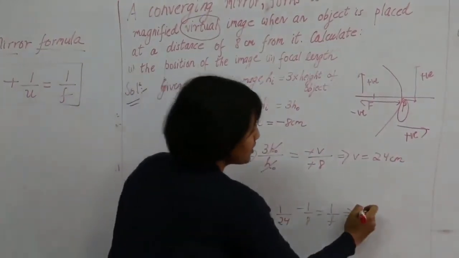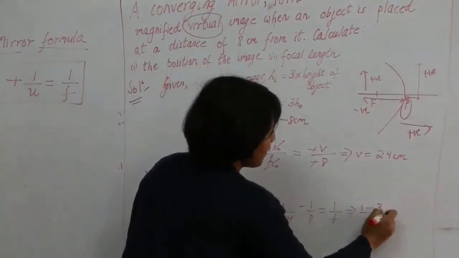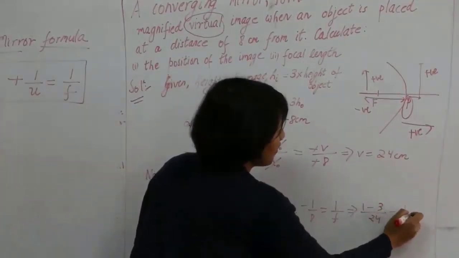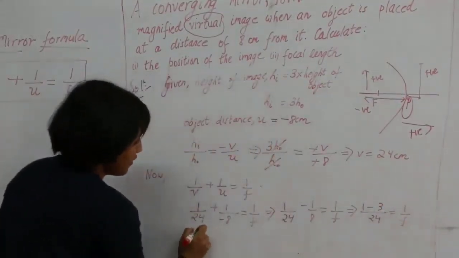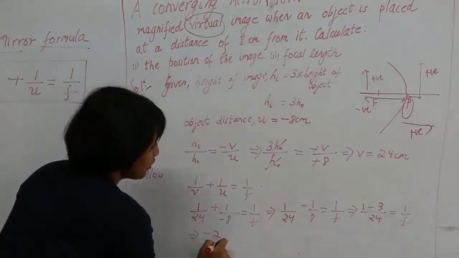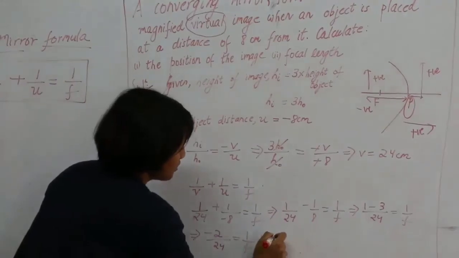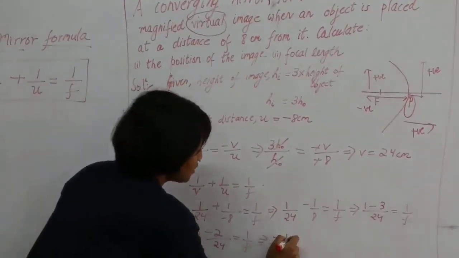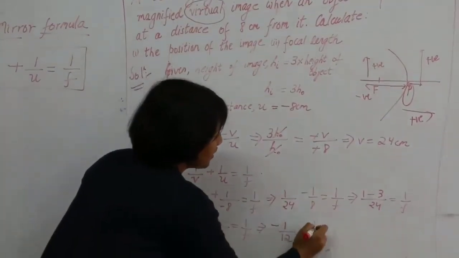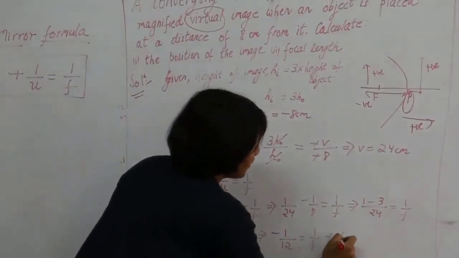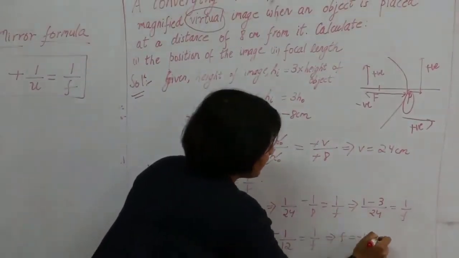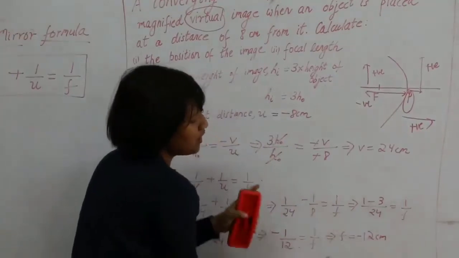After taking LCM, you will get minus 2 by 24 equals 1 by f. So this will be minus 1 by 12. When you turn this upside down, you will get f.